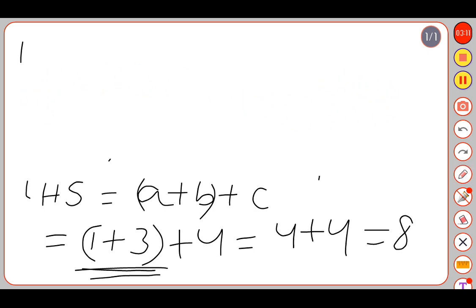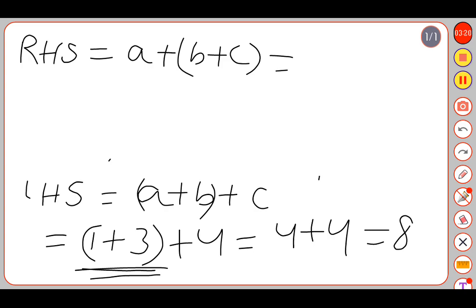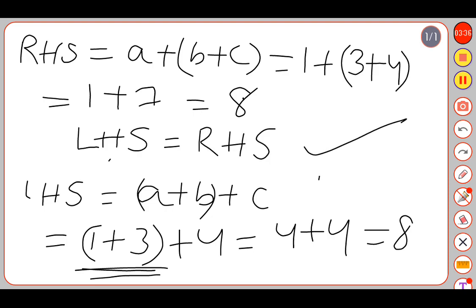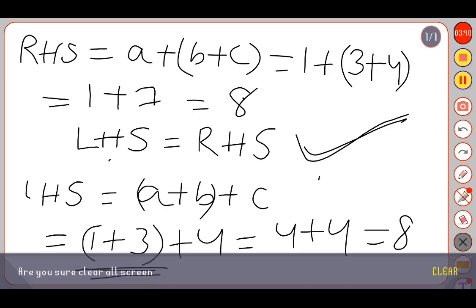RHS equals a + (b + c), that is 1 + (3 + 4). First we solve the bracket, then it will be 1 + 7, that is 8. So we get LHS equal to RHS. So we came to know that whole numbers are associative under addition.